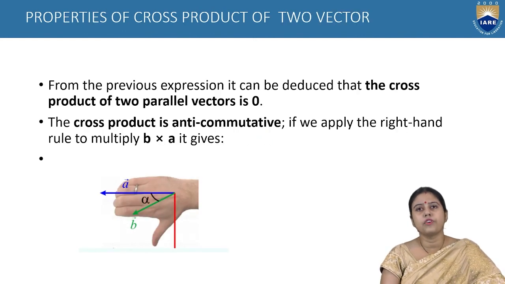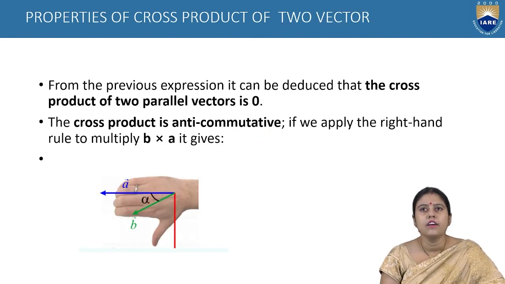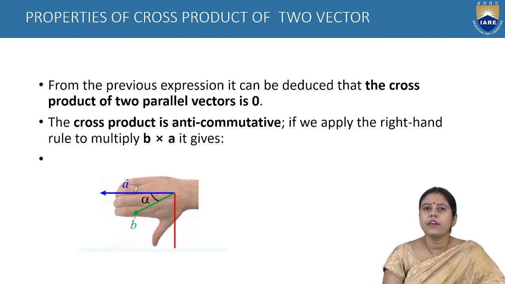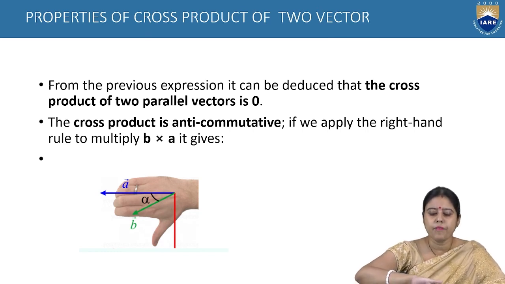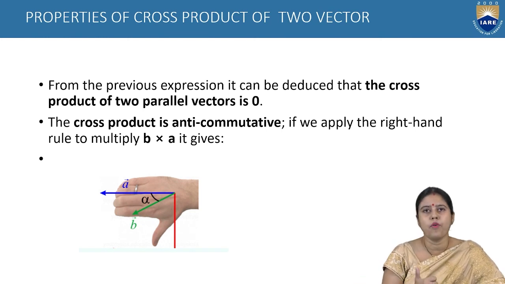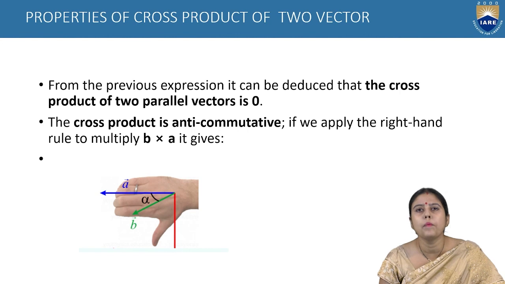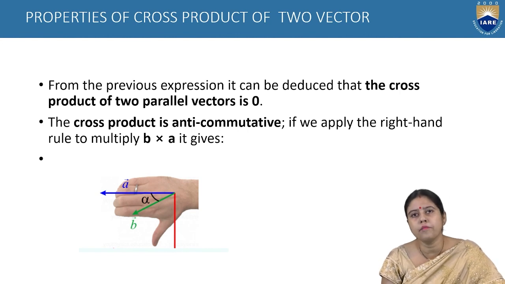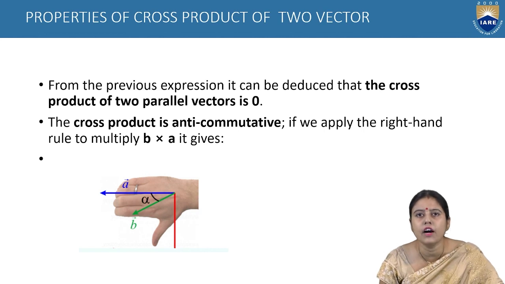Similarly, the cross product is anti-commutative. What does it mean? If two vectors are there, A cross B is from A to B, and the direction is upward. But if we do B cross A, from B to A, the thumb is downward.